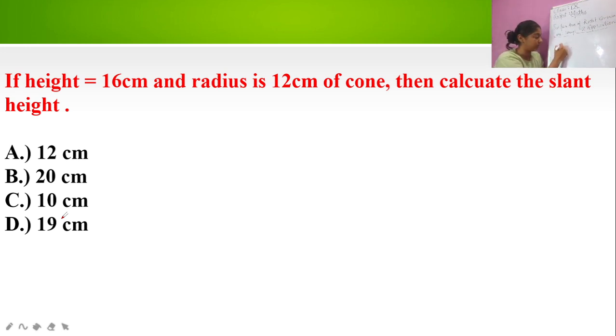So we know that l square is h square plus r square. So you just substitute all the values and tell me the answer. What do you get? Yes, 20 centimeter. Very good. So that means B is the correct answer.